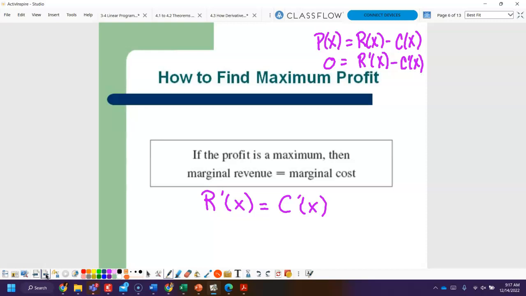So you would find where the profit's derivative is 0. That would be when R prime of x minus C prime of x equals 0. But that's really just when R prime of x equals C prime of x, because you would just add the other one over. So this is the shortcut to understanding max profit. Max profit always occurs when the derivative of revenue and the derivative of cost are equal.